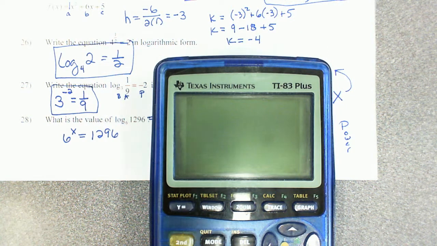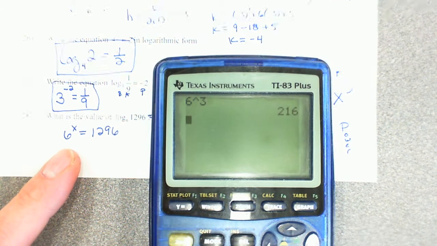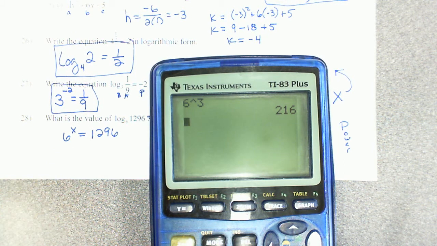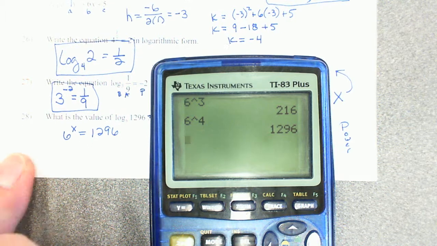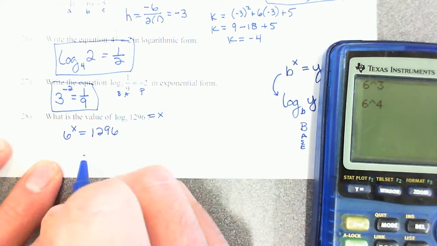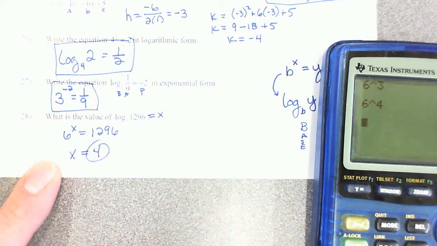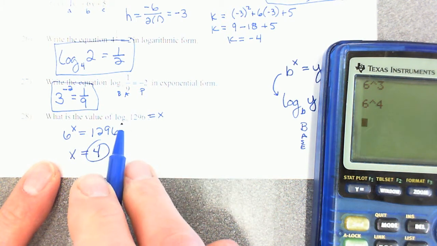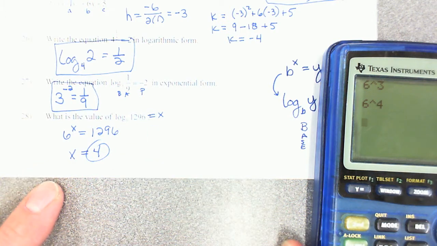So let's try 6 to the power of 3. Oh, well, we got a long way to go. So let's try 6 to the power of 4. Hey, that's it, 1296. So we know that for this expression, x is equal to 4. So 4 is the answer to 6 to what power gets you 1296.